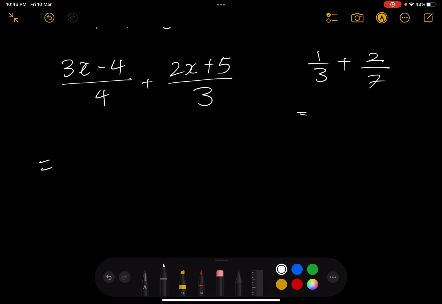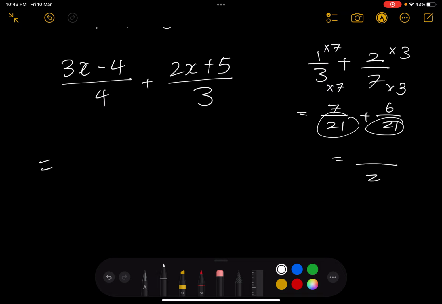Now I want to find the common denominator. So by doing that, here must times 3, correct? Then whatever you times at the bottom must times at the top, correct? Same for here. You must know this, primary school, 7 over 21 plus 6 over 21. I have the same base, I can combine. 7 plus 6 is 13. Then this is how you simplify. Right? This is your primary school fraction.